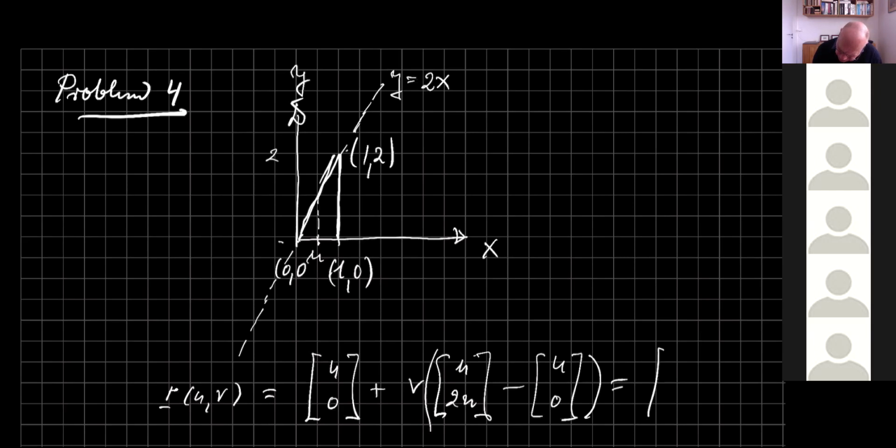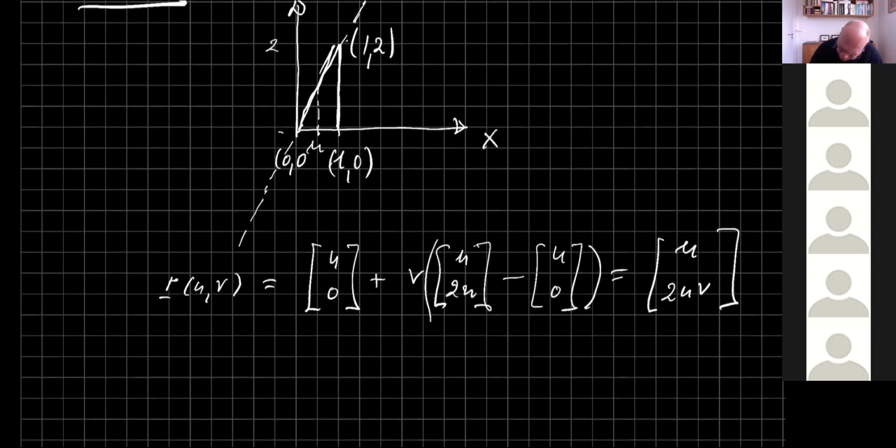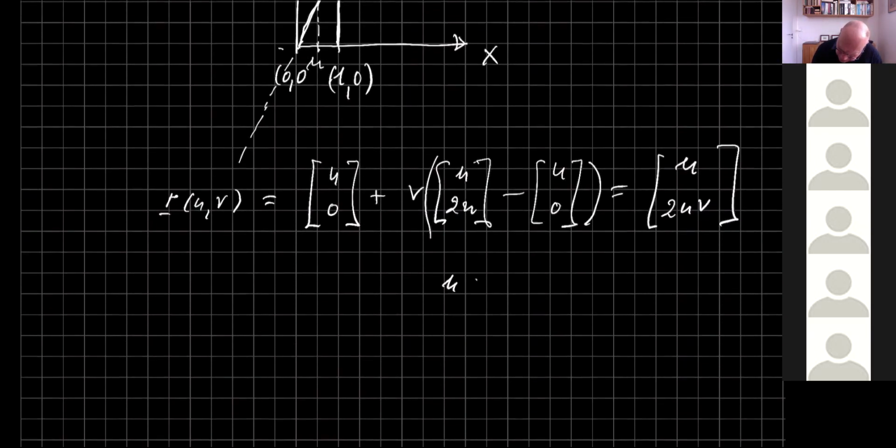So u minus u, that is 0, and down here you get 2u. And remember, u is between 0 and 1, and v is between 0 and 1. So this is your parametric representation of this triangle.